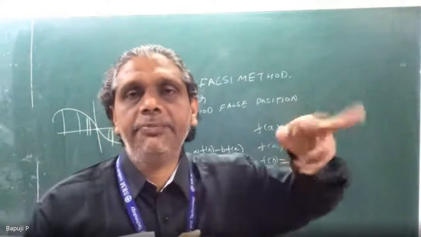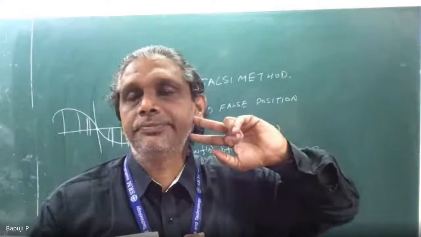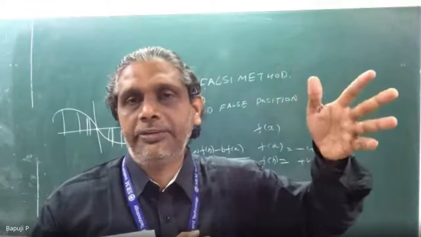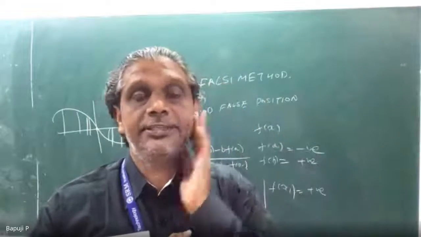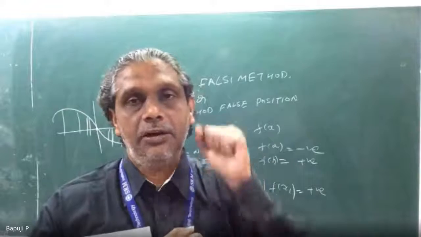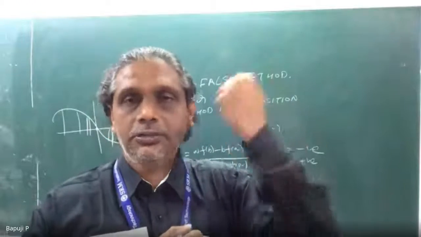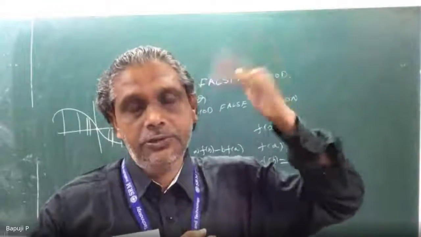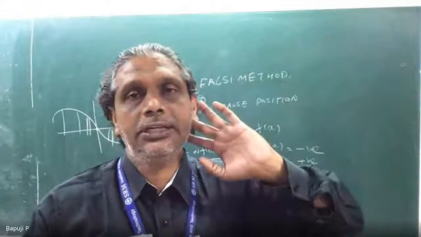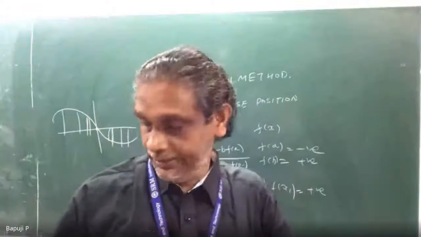But here a and b will play a role. Previous negative you can omit, previous positive you can omit. My new value decides how it will play its role. So according to that, I may omit the previous positive or previous negative. Correct or not? Such a way.